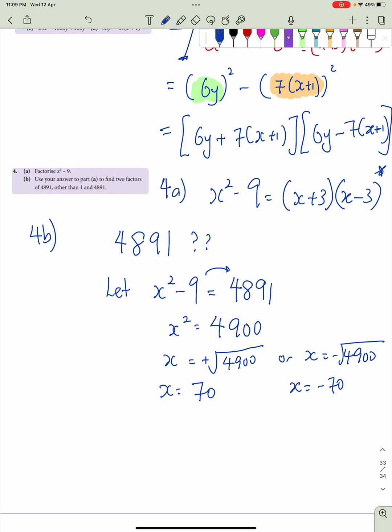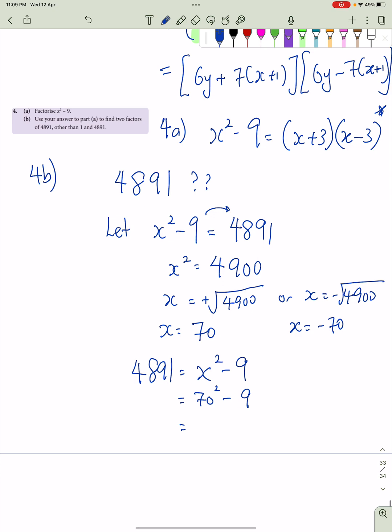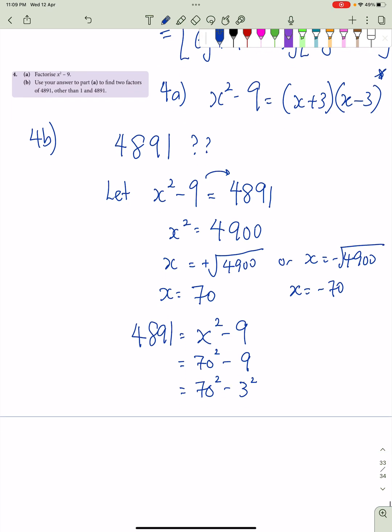So if I were to understand this, then 4891 will be equal to x squared minus 9, and the value of x is actually 70 squared minus 9. If I were to use the idea of a squared minus b squared, I will need to set them up into something squared minus something squared.